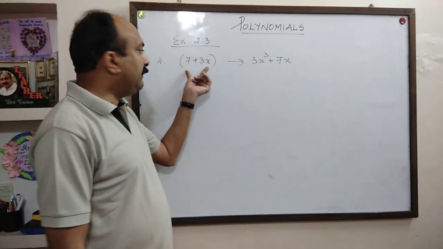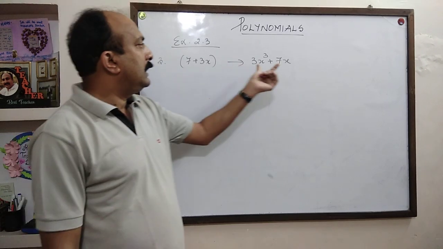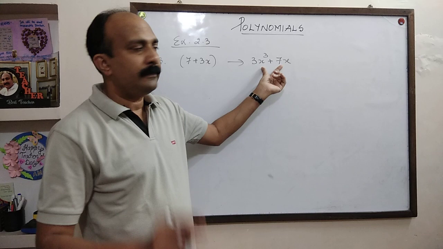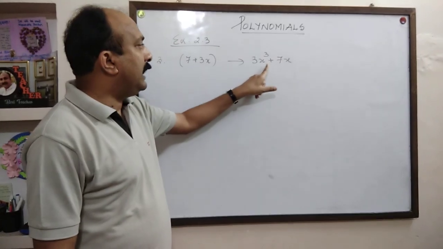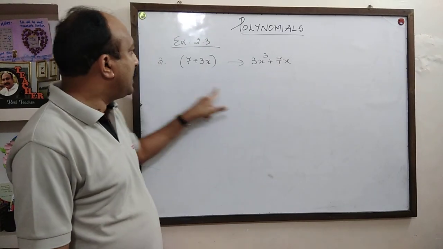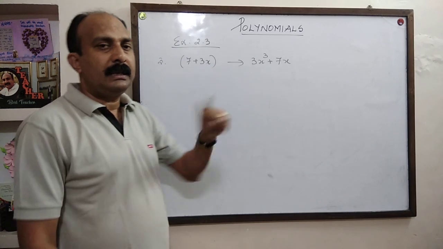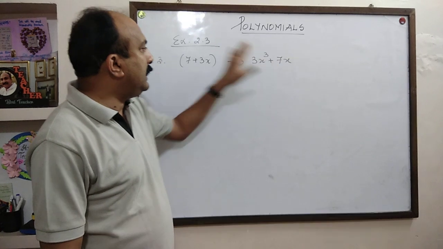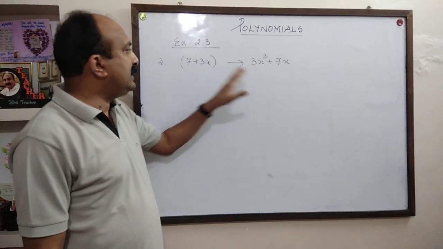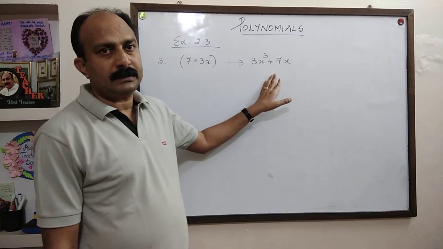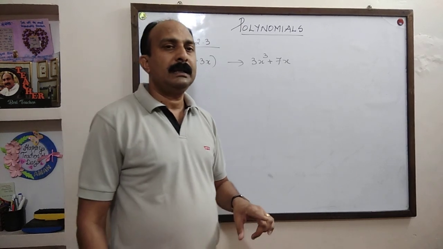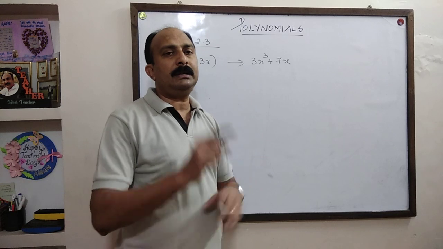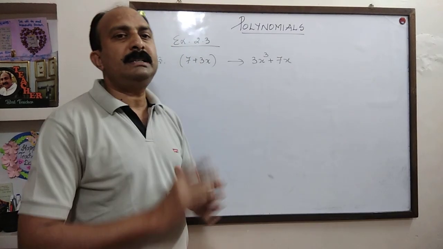Similarly, 7 plus 3x will be the factor of 3x cube plus 7x if when we divide 3x cube plus 7x by 7 plus 3x, the remainder is 0, or if it is completely divisible by this, then we say this is the factor of this. So factor means completely divisible, or completely divisible means the remainder must be 0.